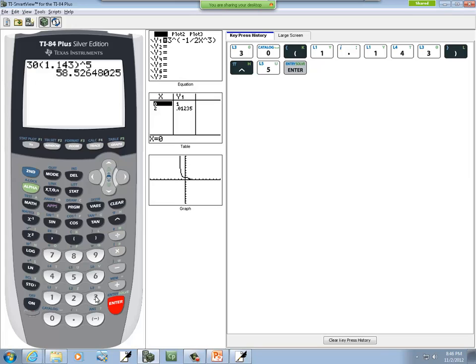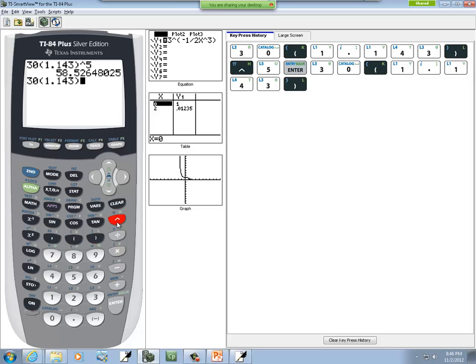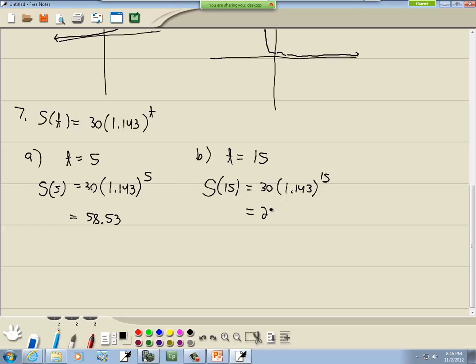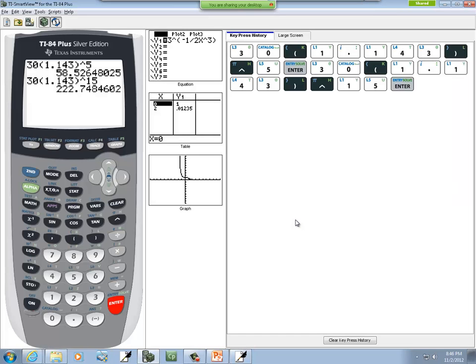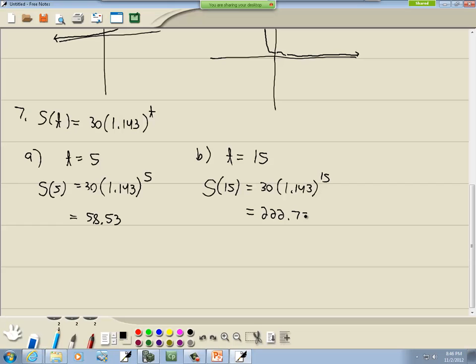And so I've got 30, beginning parentheses, 1.143, closing parentheses, caret 15, enter. And we got 222.75 million. So those would be our two answers.